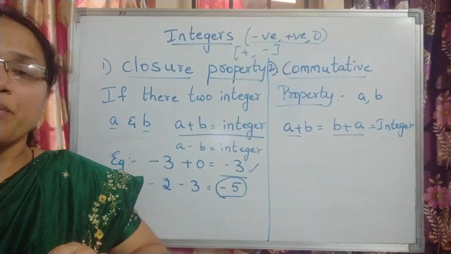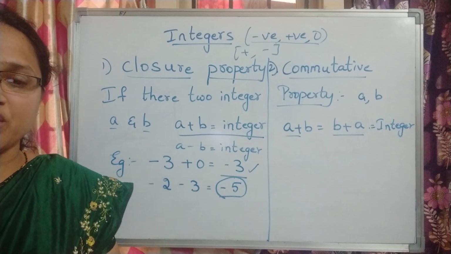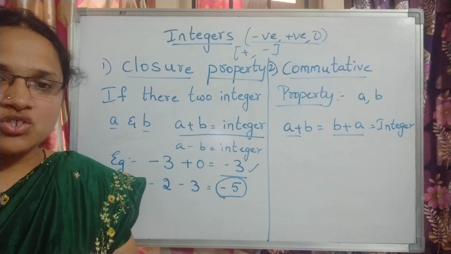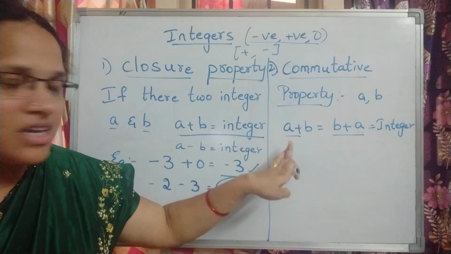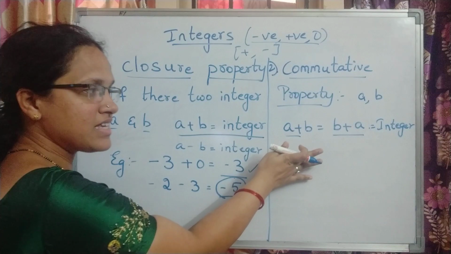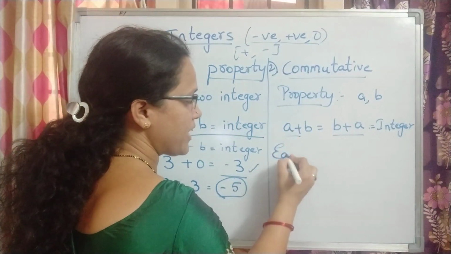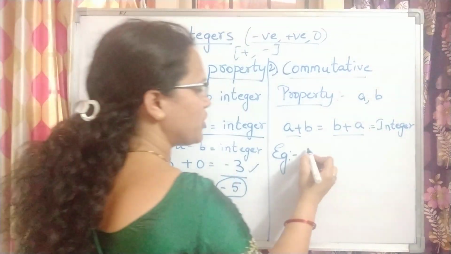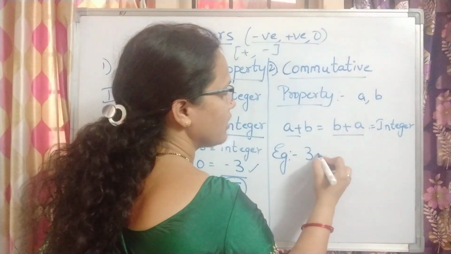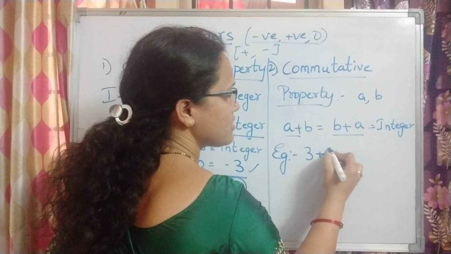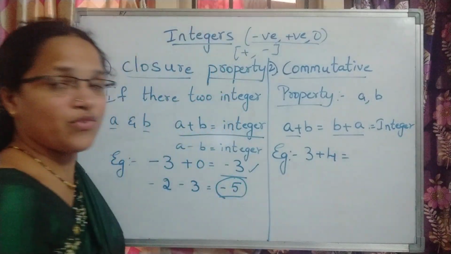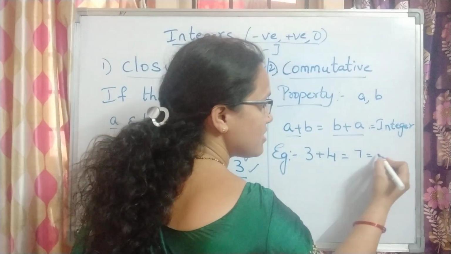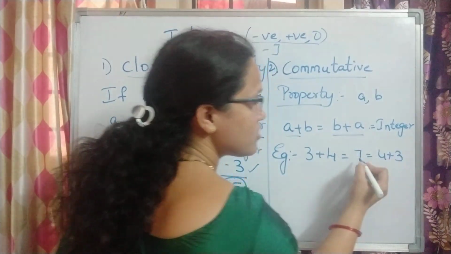So is there a property which exists for subtraction for the commutative property? Yes, check it out. First let us take an example for the addition and then we'll go for the subtraction, children. Suppose I take any two integers, 3 plus 4. 3 plus 4 is 7, as well as 4 plus 3 is also 7 only.